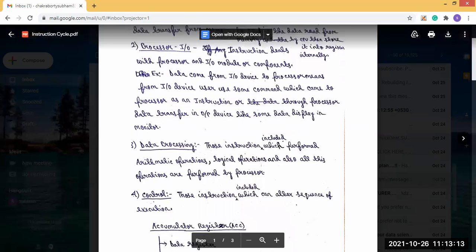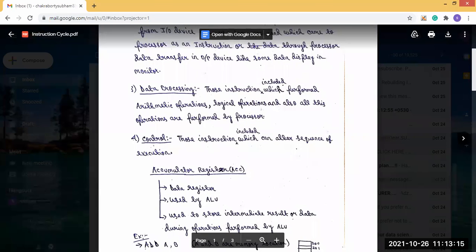So now we will learn about the accumulator register concept. What is the accumulator register? I have told you that we have two types of registers: the general purpose register and the special purpose register. General purpose registers are capable of storing data and address simultaneously.